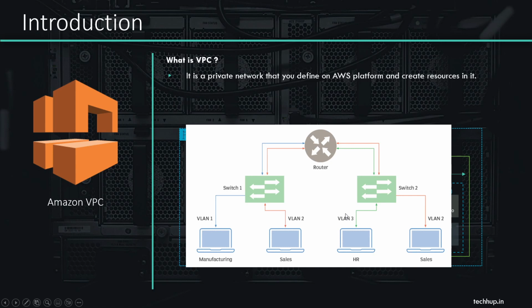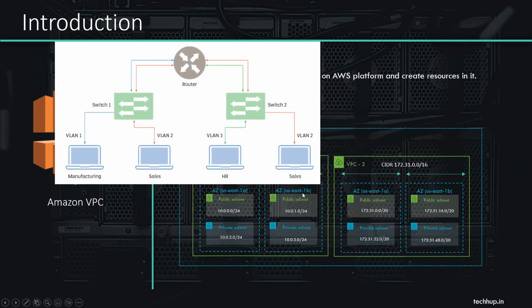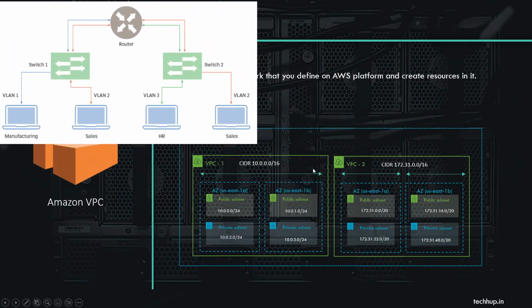VPC is analogous to these virtual LANs in a way that it helps cluster or isolate the resources that you have within your VPC from any external network within the AWS.